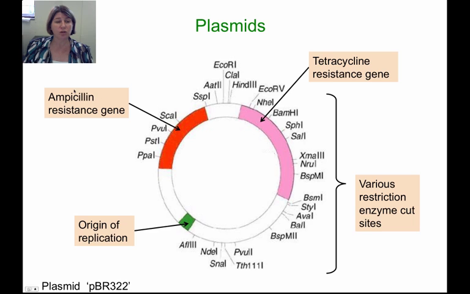We have also, in this case, two antibiotic resistance genes, an ampicillin resistance gene and a tetracycline resistance gene. And then what we can see here is that we have a whole lot of restriction enzyme recognition sites, including, if you look here, HinD3. These are nucleotide sequences which are recognised by a suite of different restriction enzymes. And it's very important that we have these different restriction enzymes in order for this plasmid to be useful as a cloning vector.